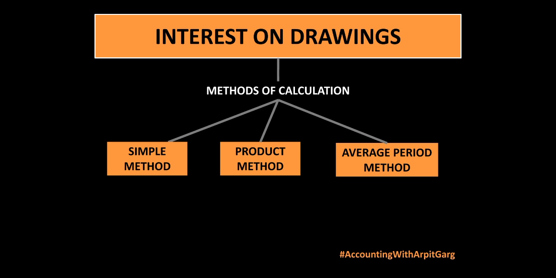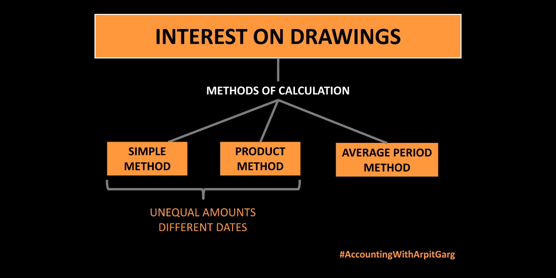If we have withdrawn unequal amounts, which means one day I withdrew rupees 10,000, another day 15,000, another day 20,000, then 1,000, so unequal amounts and different dates, on 1st April, then 15th April, then 3rd May, then 19th September. You see, different dates are there. So in this case we will use simple method or product method.